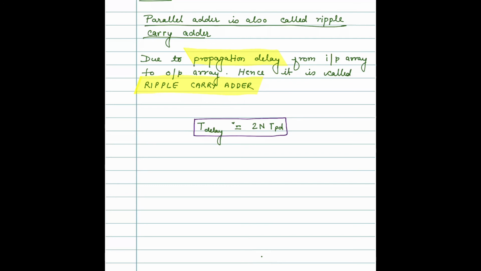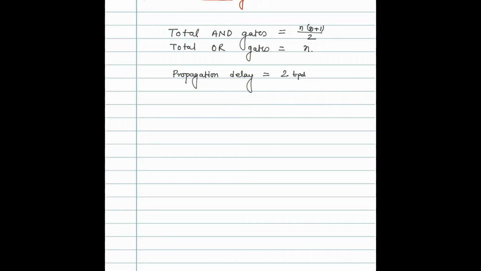So there exists a propagation delay, hence it is called a ripple carry adder. Here the delay can be calculated as 2n tpd.